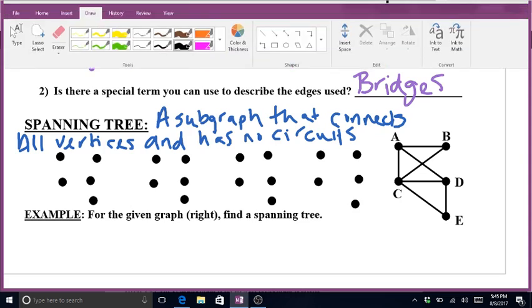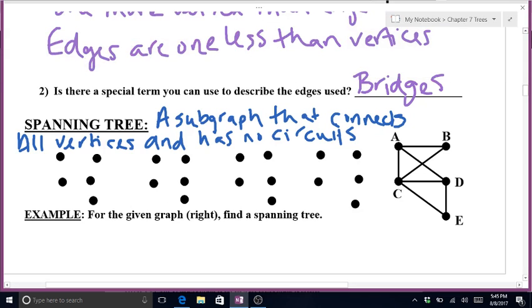All right, let me pick a color here. Remember our rule. If I have 1, 2, 3, 4, 5 vertices, how many edges would I need? Look at our vocabulary.